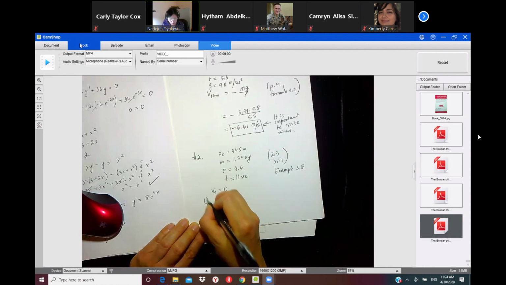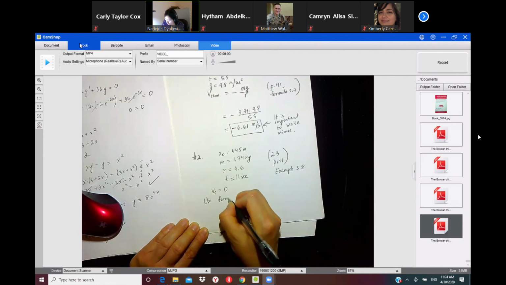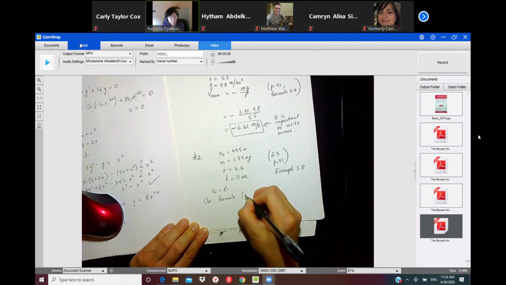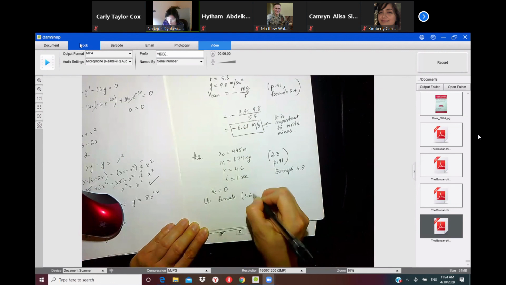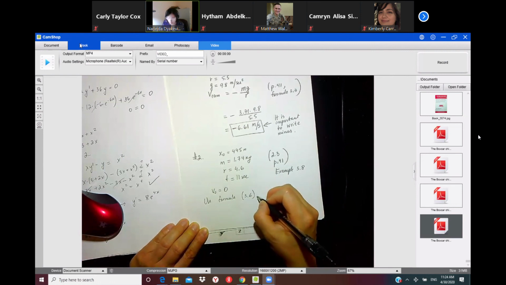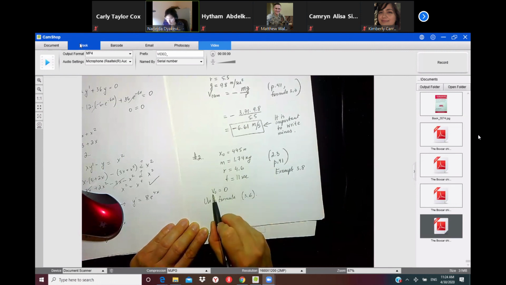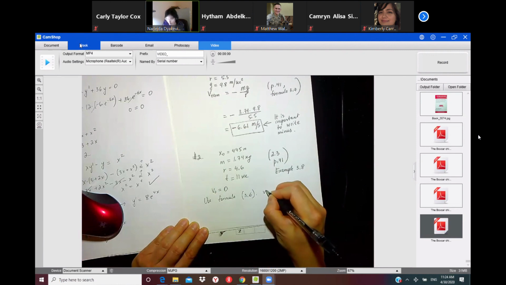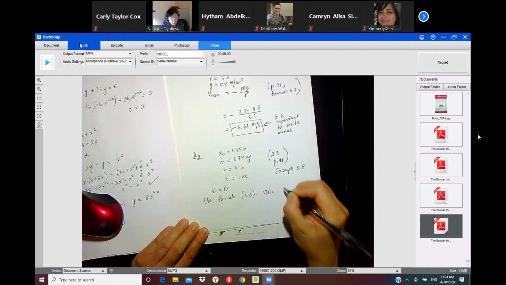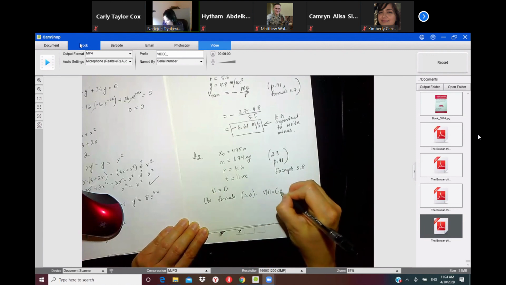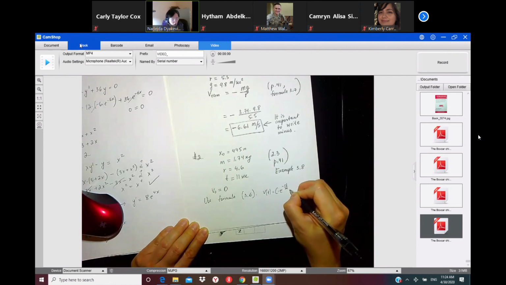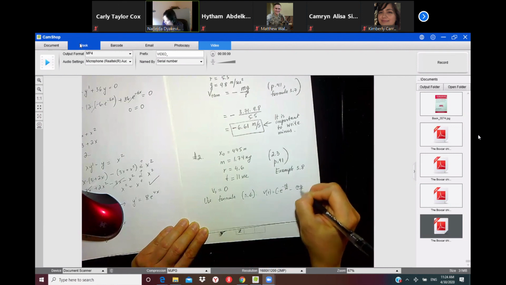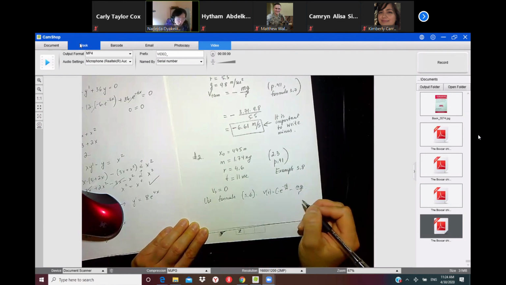So I'm going to use formula 3.6. We're going to substitute V sub 0 equals 0 into formula 3.6. And this is the formula, V of t equals C times e to the negative RT over M minus mg over R. This is formula 3.6.